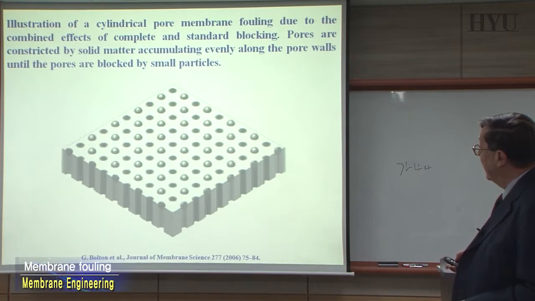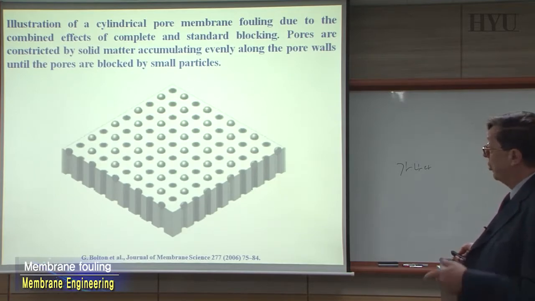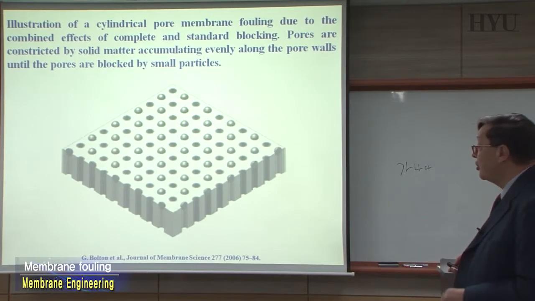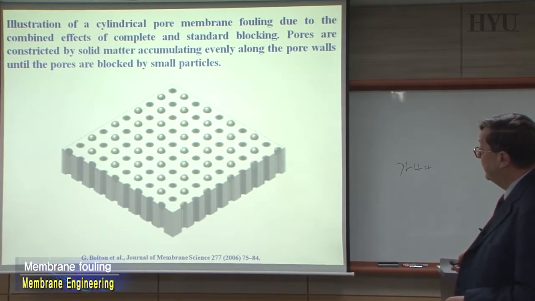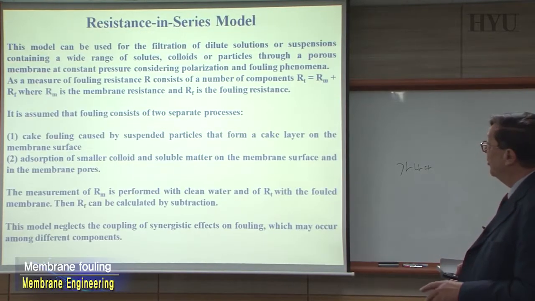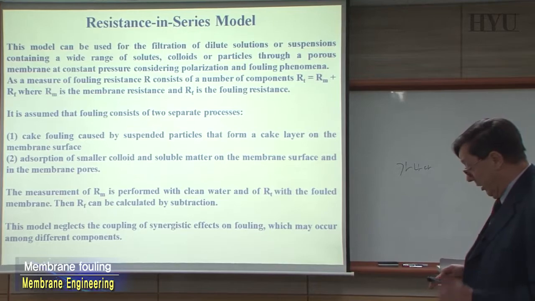Normally in reality, you have a system in which even small particles can start to have some restriction on the transmembrane flux through a single pore, even if they're not big particles, and the other particles present will form a layer on this. So the situation is a little bit complicated.